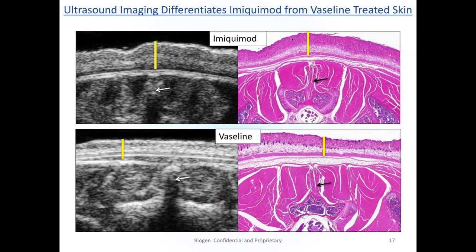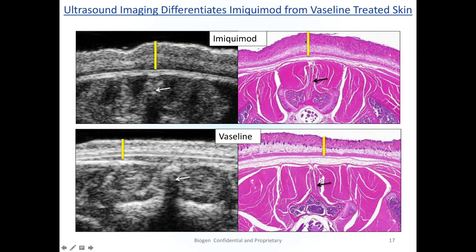I'm trying to remember the set of data, but there was enough background in the skin and in adjacent skin layers that if we were able to see any difference with the contrast in the disease versus control, there was no measurable difference really above the background of what we were seeing. So that was the story with the contrast microbubbles.